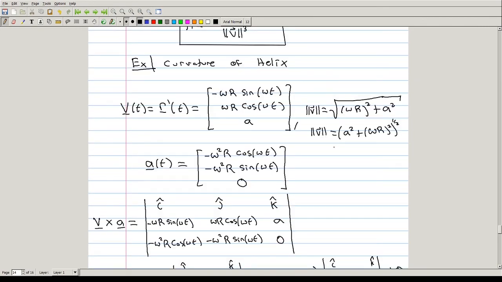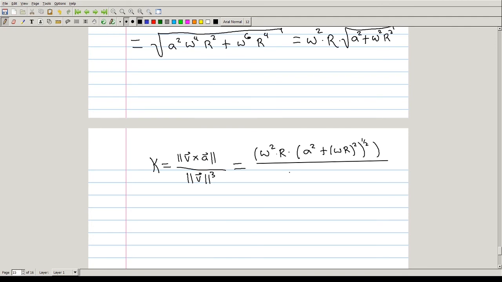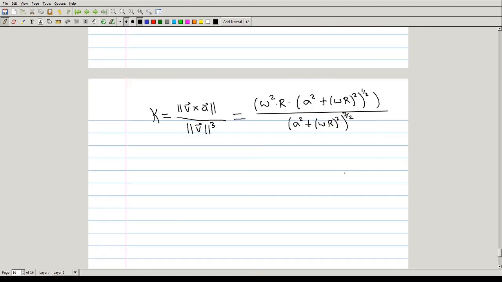So if we cube that, it's the same thing as a squared plus omega r squared to the 3/2, and 1/2 minus 3/2 is -2/2, or -1.